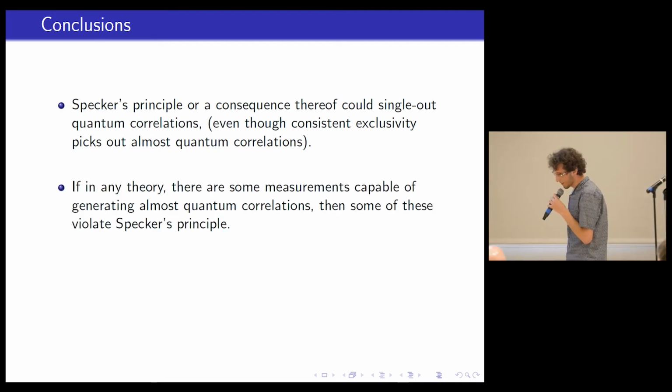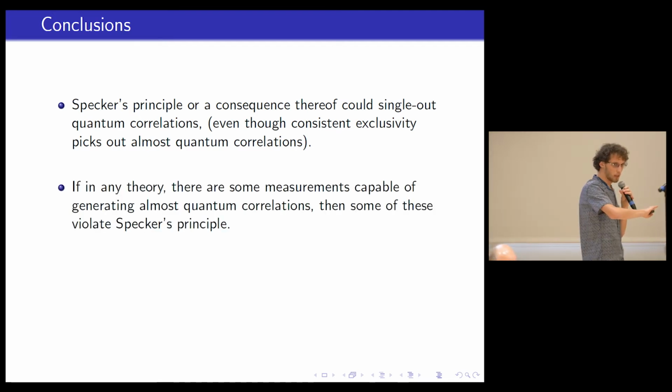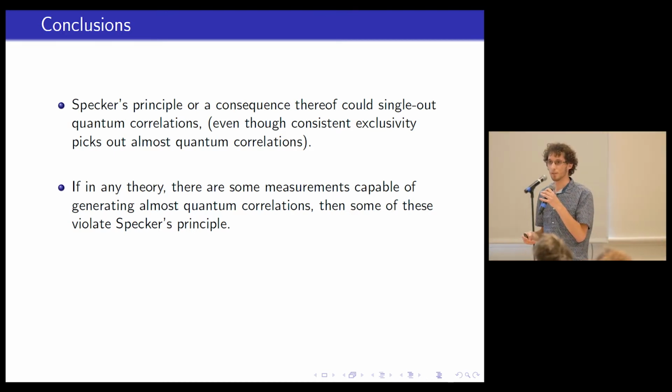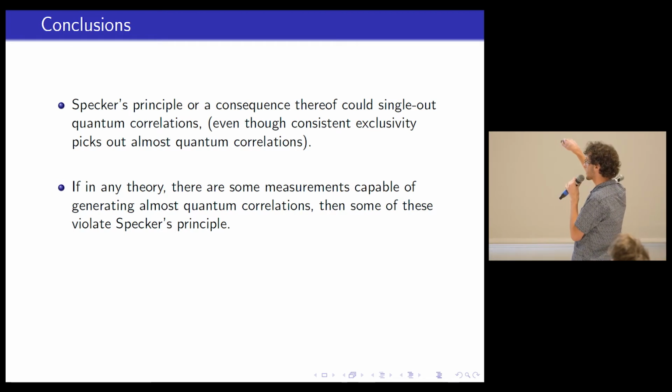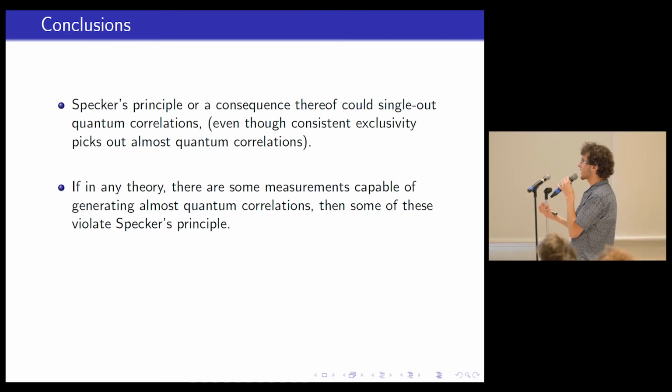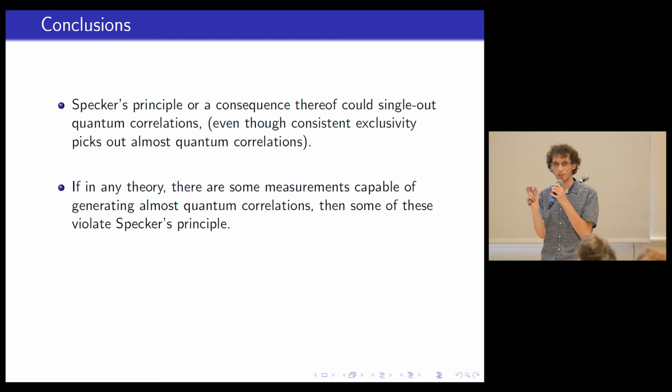Another consequence is that if in any theory, for example, a general probabilistic theory, there are some measurements which could possibly generate the whole set of almost quantum correlations as it's defined, then it has to be the case that some of these measurements have to violate the Specker's principle.